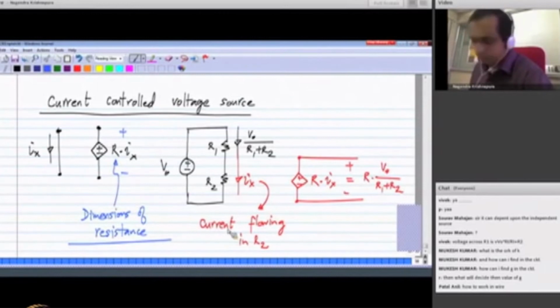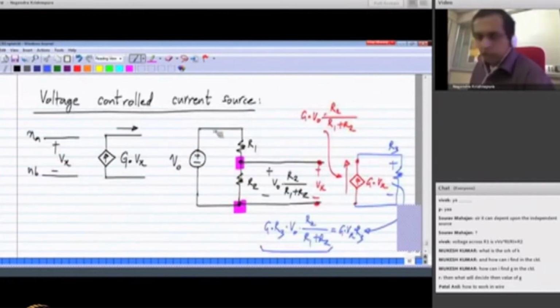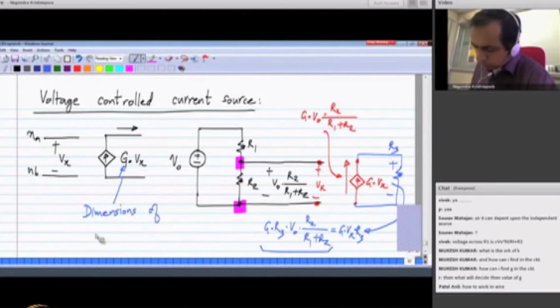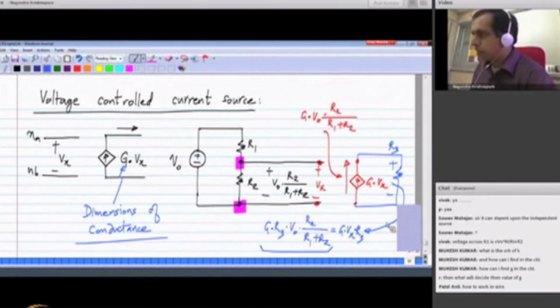Similarly, in the previous case, this constant of proportionality multiplies this voltage Vx to give you a current. So this has to have dimensions of conductance.